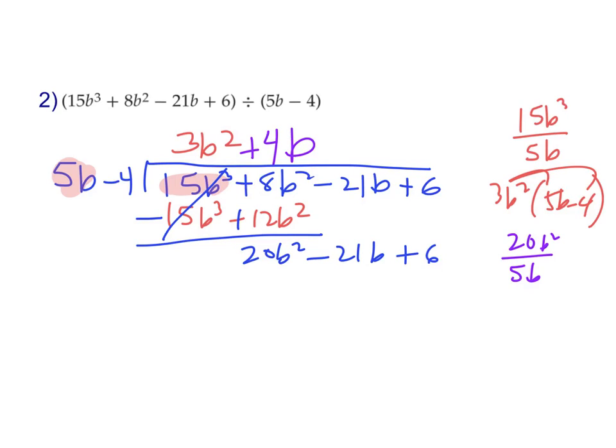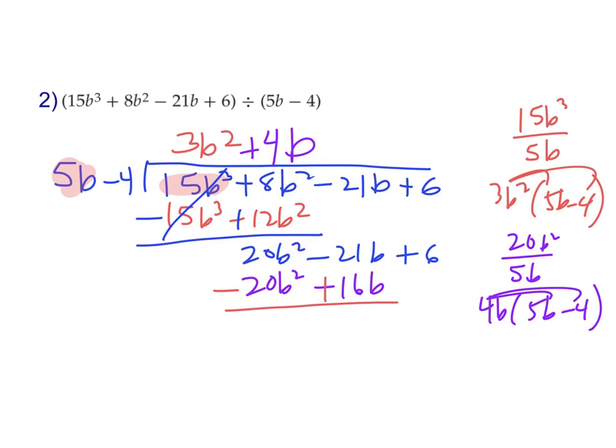Then I multiply 4b times 5b minus 4, so I have to distribute. So I get 20b squared minus 16b. Then I have to subtract, which means change the signs. Those cancel like they should. This gives me negative 5b plus 6.